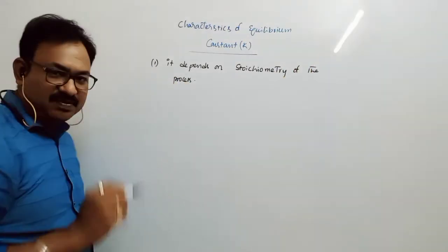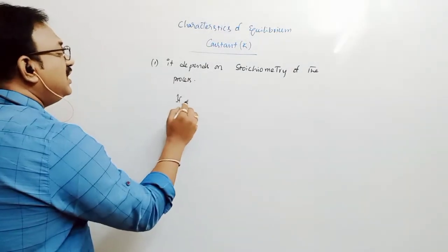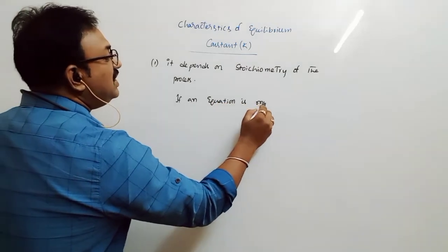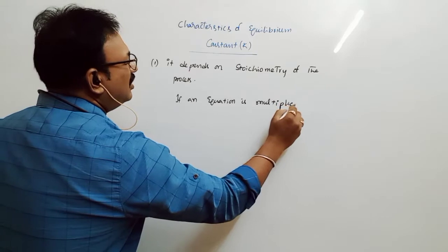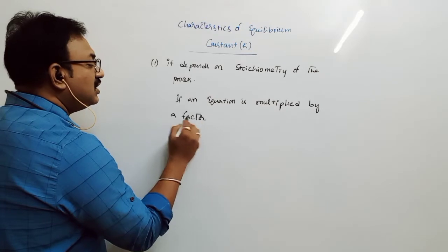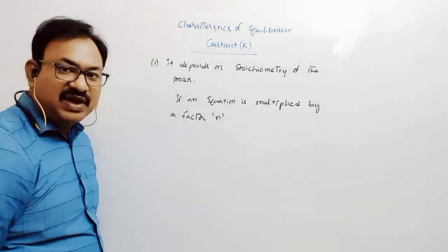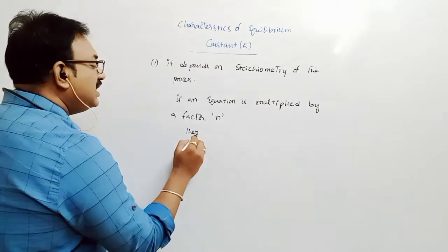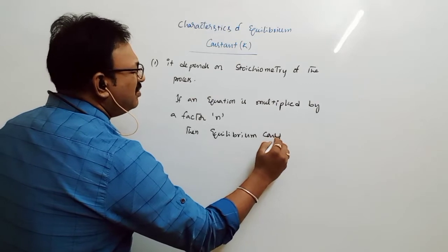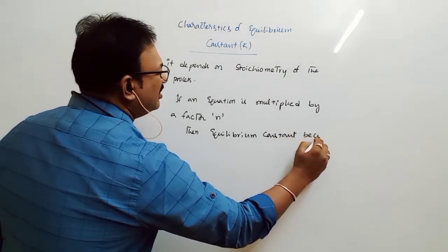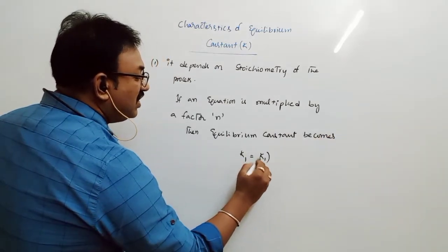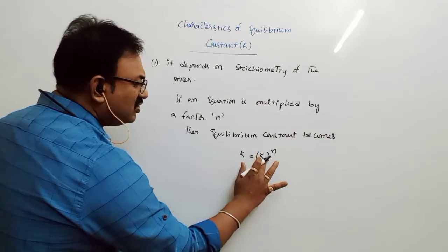Okay. For example, if an equation is multiplied by a factor n, then the equilibrium constant becomes K1 is equal to K1 power n, or K is equal to K power n.